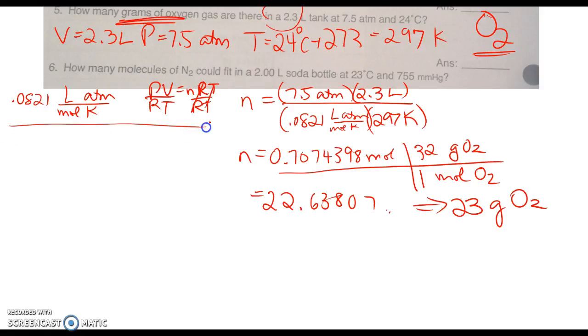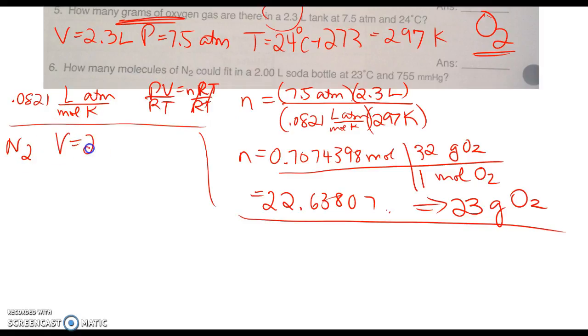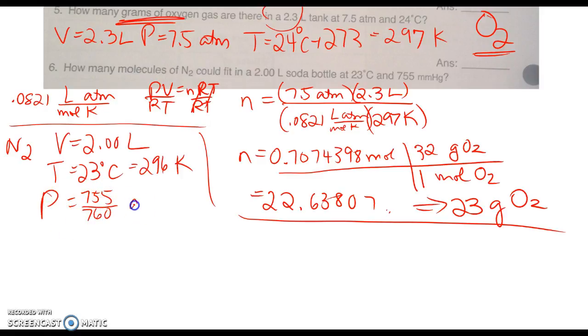All right, let's look at 6 now. We want to know N2. Okay, we have a volume of 2 liter soda bottle, a temperature of 23 degrees C. Going to add 273 equals 296 K, and a pressure of 755 millimeters of mercury, which divided by 760 will give us atmospheres, right?